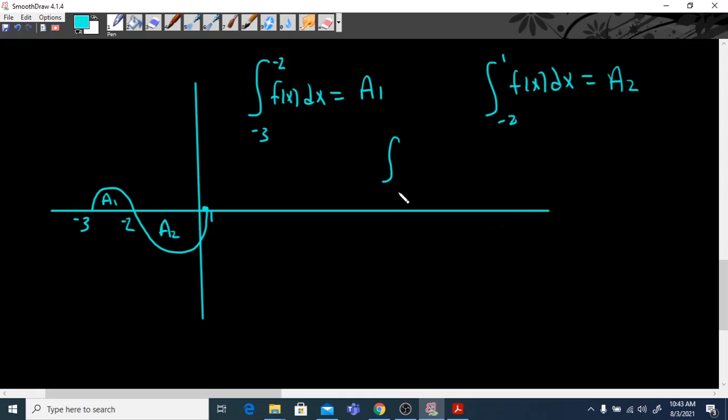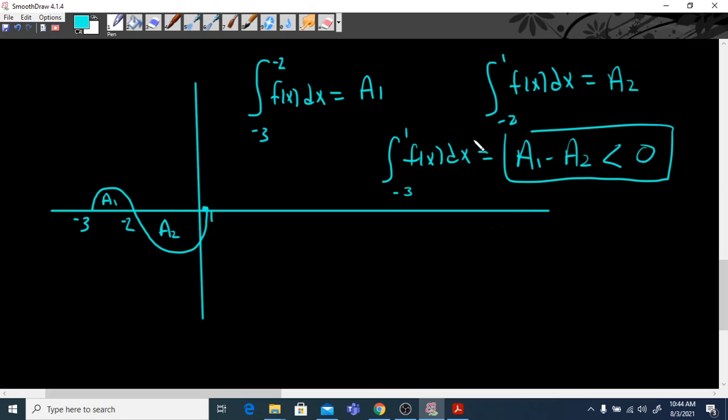And if I integrate from -3 to 1 of my function, that is going to give me A1 minus A2, and that will be negative. So those are little properties of integration.